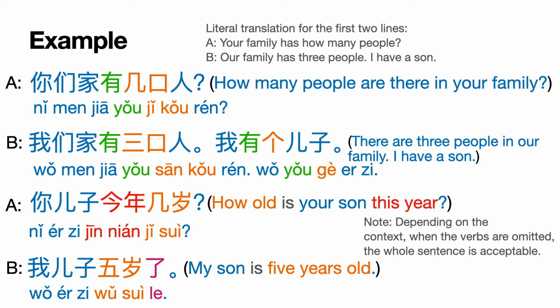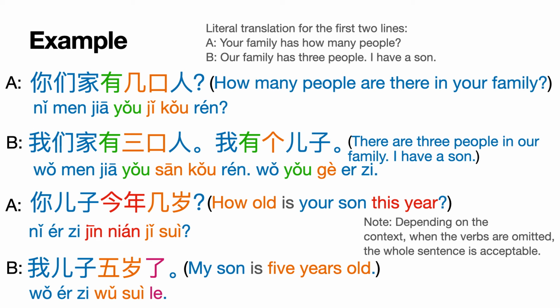你们家有几口人? 你们家 your family. Okay, you might be wondering why we don't say 你们的家. Of course you can say that, that is correct, but you could also omit the 的 to make the phrase much shorter and it still makes sense. 你们家 your family, 有 have, 几口 how many, 人 people. How many people are there in your family?